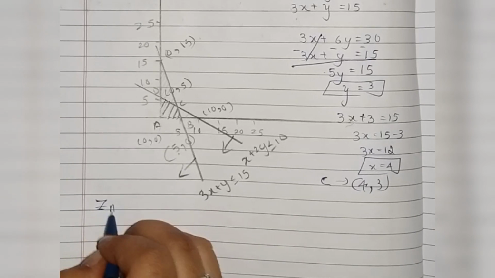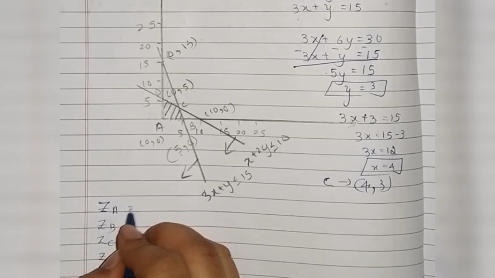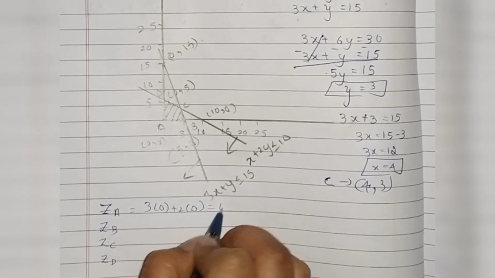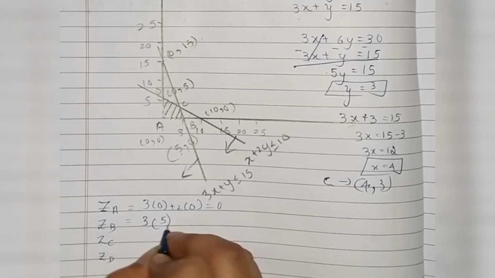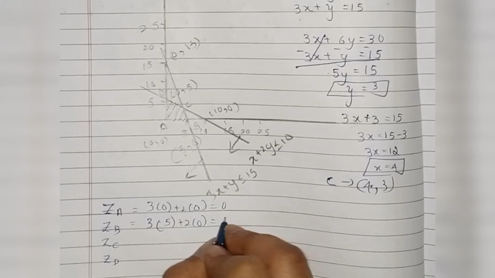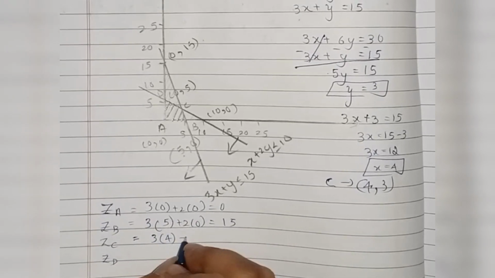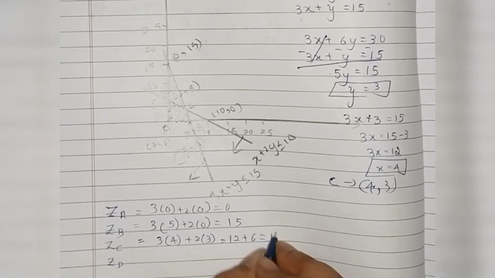So, Z at A, Z at B, Z at C, Z at D. Z at A is 0, 0: 3 into 0, 2 into 0, which is actually 0. Then B is 5 comma 0: 3 into 5 plus 2 into 0 is 15. And C is 4 comma 3: 3 into 4 plus 2 into 3, which is 12 plus 6, 18.